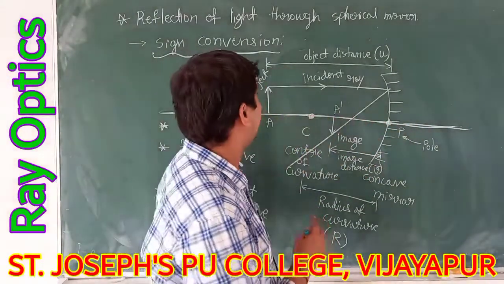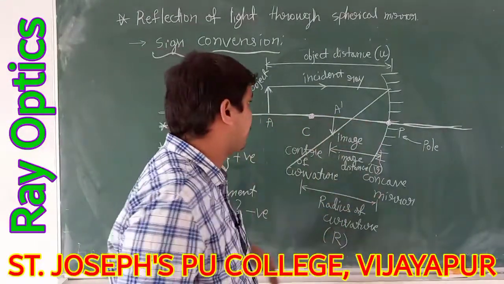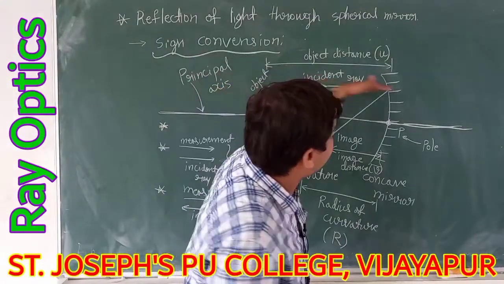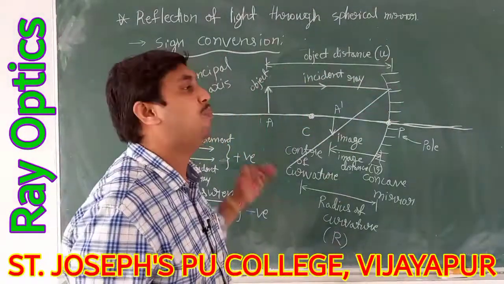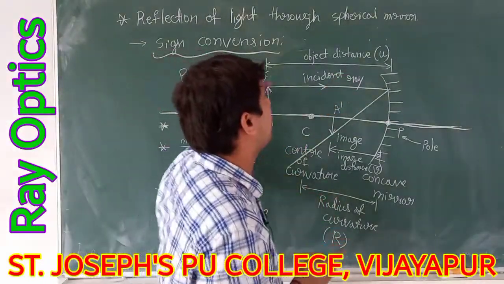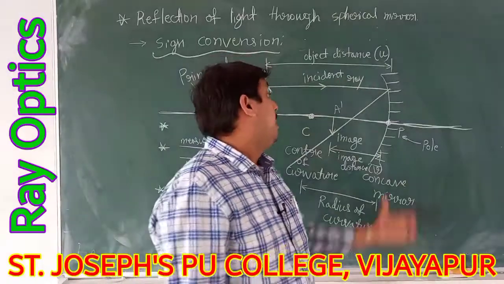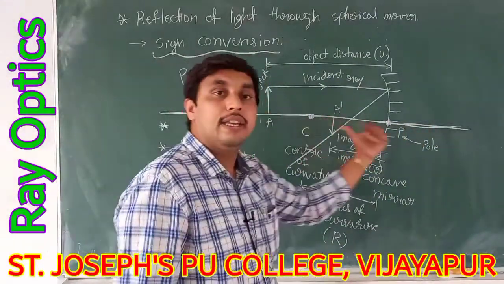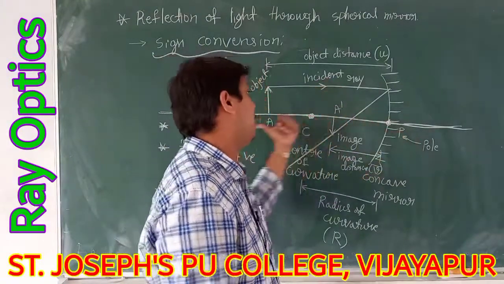Say that in this a negative x-axis direction. Now the incident ray is in this direction, just like the positive x-axis, or we can say the forward direction. My measurement is opposite to the direction of the incident ray, that is the backward direction.